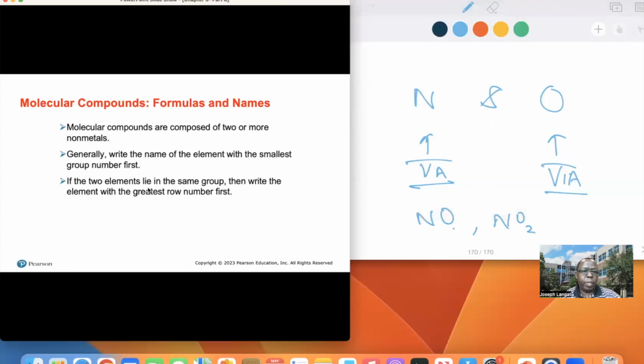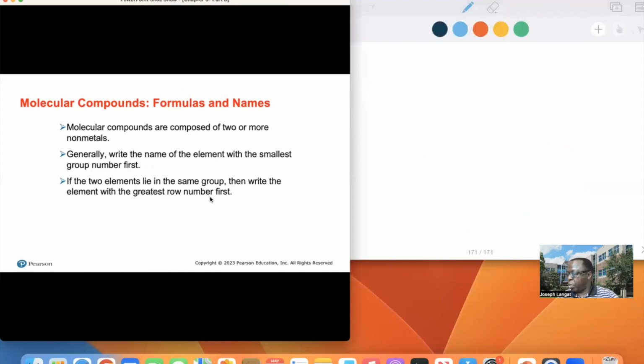If two elements lie in the same group, then write the element with the greatest row number first. Oxygen and sulfur, for example.